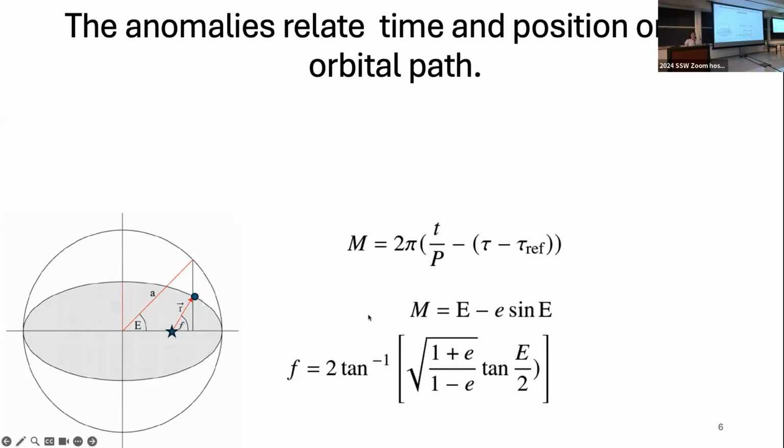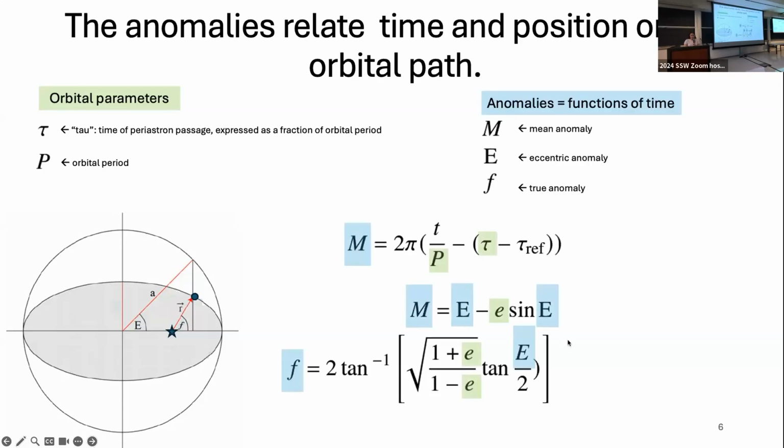Then the next equation converts mean anomaly to eccentric anomaly, which is this big E, and uses the eccentricity in order to do that. So this is the key thing that's hard in orbit fitting: solving this second equation, which is called Kepler's equation. Let me highlight all these for you.